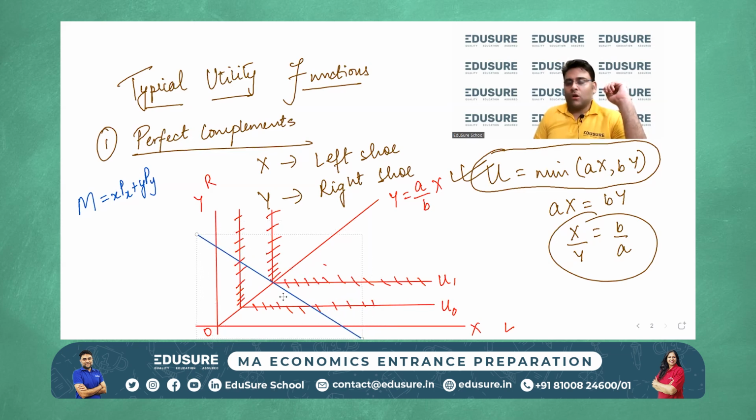Given this blue budget line, the highest indifference curve achievable is that of U1, and the consumption for the consumer will be at this kink point of the L-shaped IC. This is the amount of X consumed, and this is the amount of Y that the consumer will consume. So X naught, Y naught is my optimal consumption in the case of U is equal to minimum of AX comma BY, with a perfectly linear budget line like this.